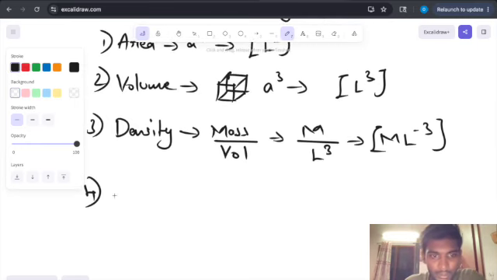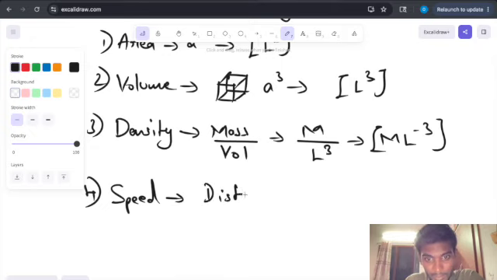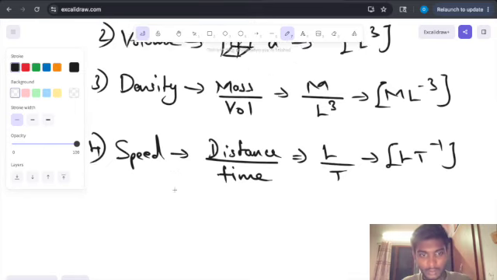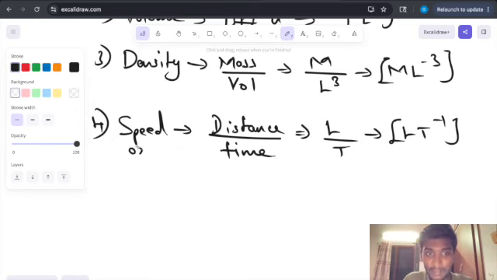Next we'll look at speed, which is distance by time. Distance is a measurement of length, therefore it is L, time is T. This gives me speed as LT to the power minus 1. Velocity also has the same dimension, therefore you can write it as speed or velocity.